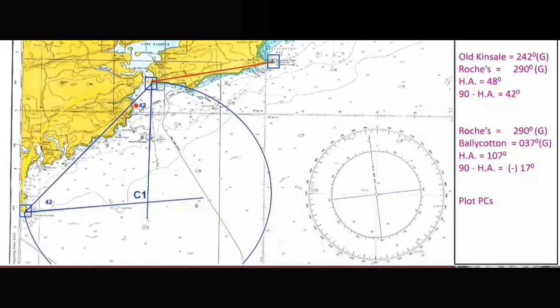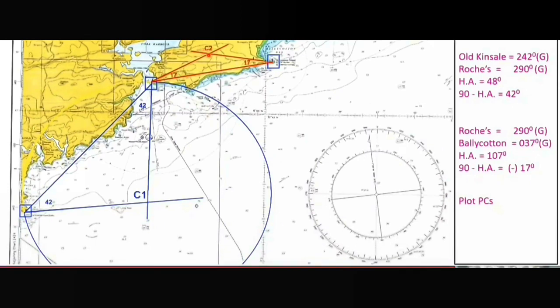So these complement angles were drawn on the side on which the ship lies. In this case, the horizontal angle is 107, or 90 minus horizontal angle came minus 17. So this 17 degrees will be drawn on the side opposite to which the ship exists. In this case, the ship exists on this side of the red baseline, so 17 degrees would be drawn on the opposite side, like this.